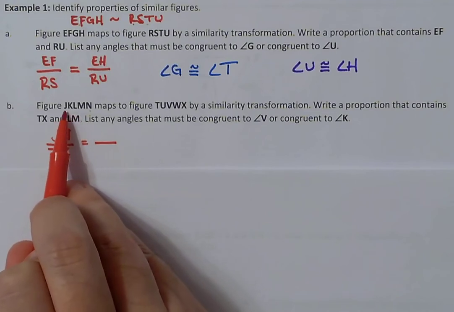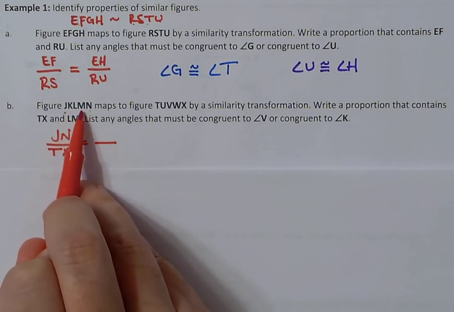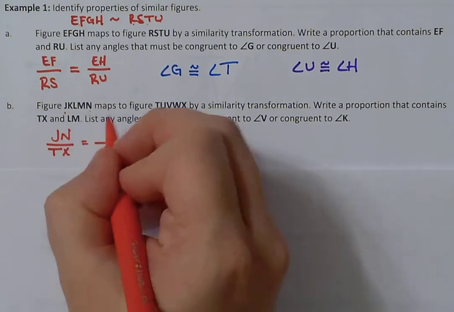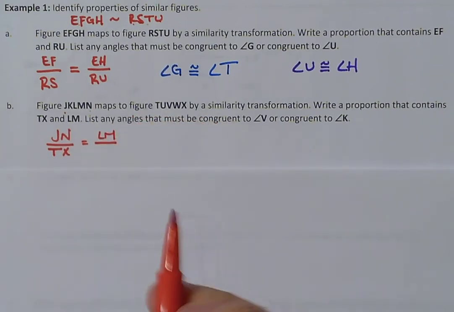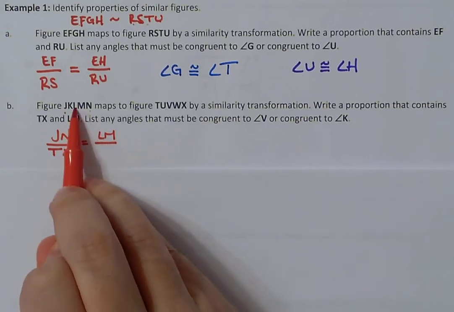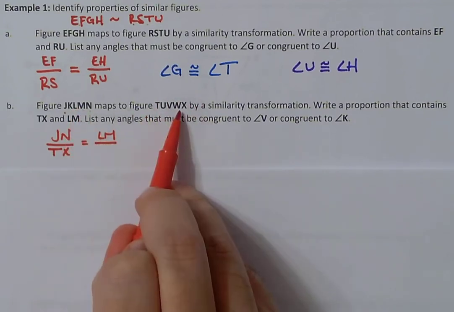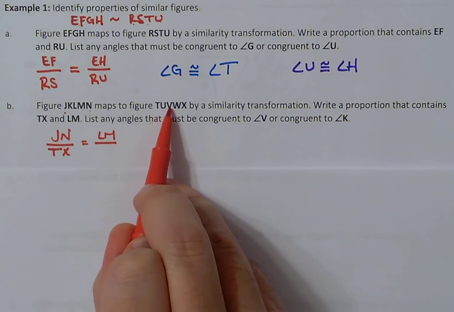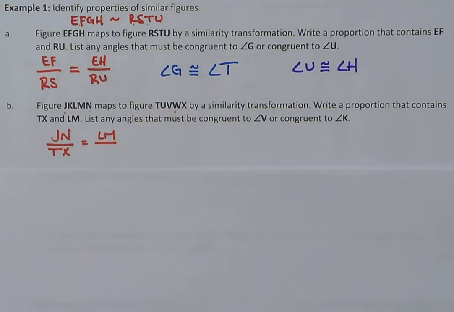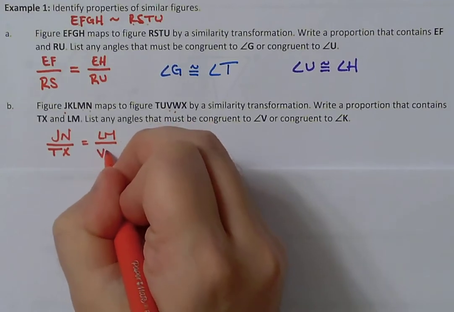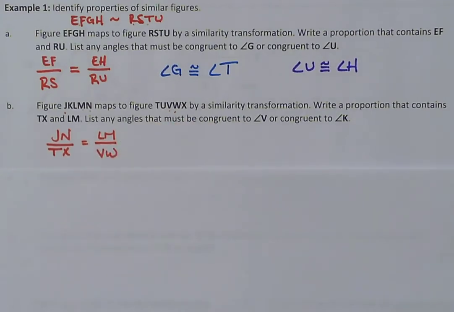And LM is the third and fourth letters. And since it's from the first statement, it goes on top. So then we're going to pull the third and fourth letters from the second statement. So the third letter is V, and the fourth letter is W. And that's going to go on the bottom part of our fraction.